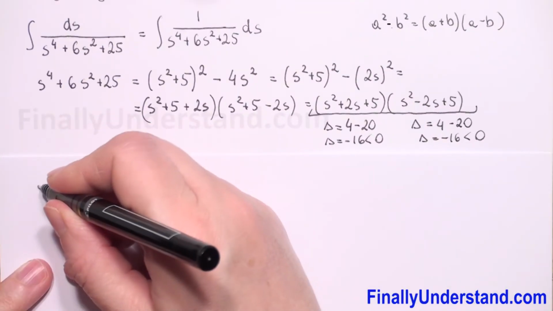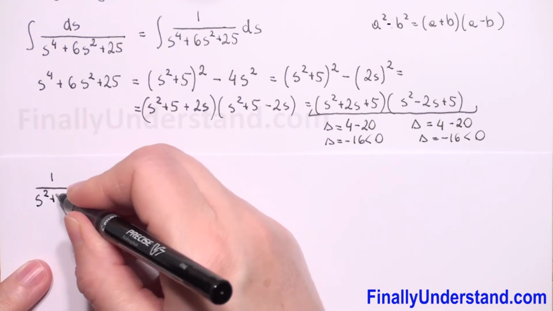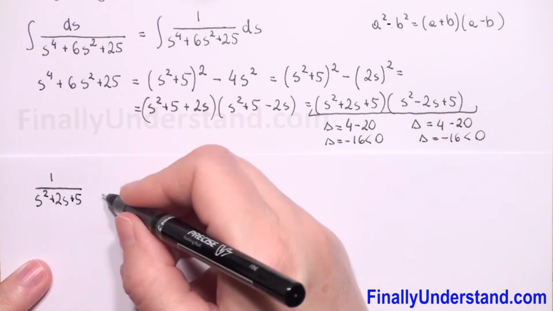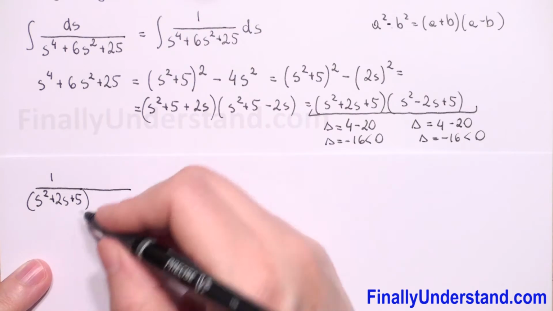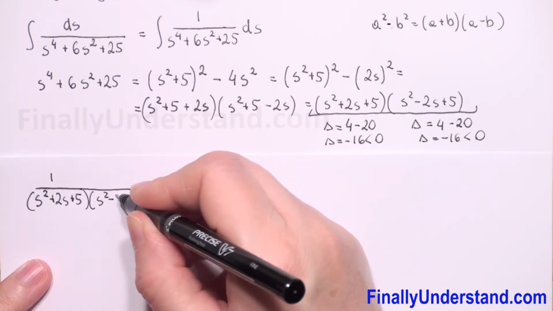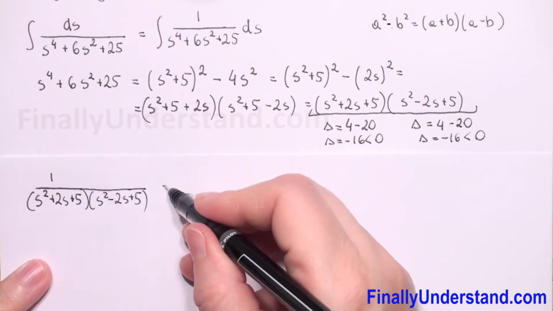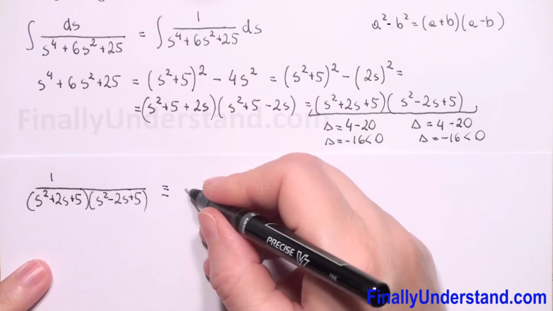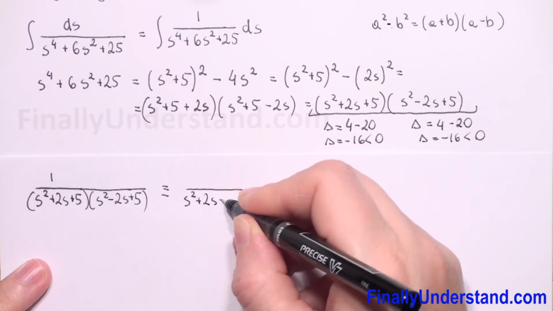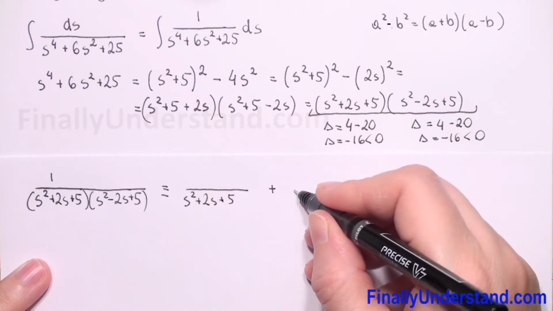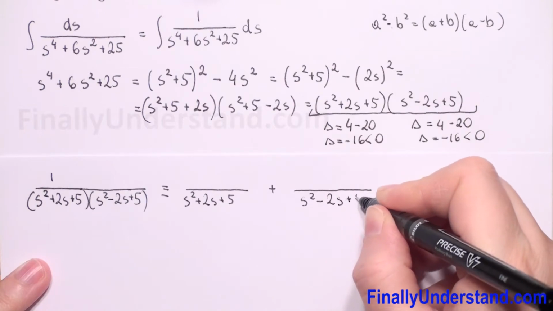We have 1 over (s squared plus 2s plus 5) times (s squared minus 2s plus 5). So this is identically equal to, and the first denominator will be s squared plus 2s plus 5 plus, and the second denominator will be s squared minus 2s plus 5.